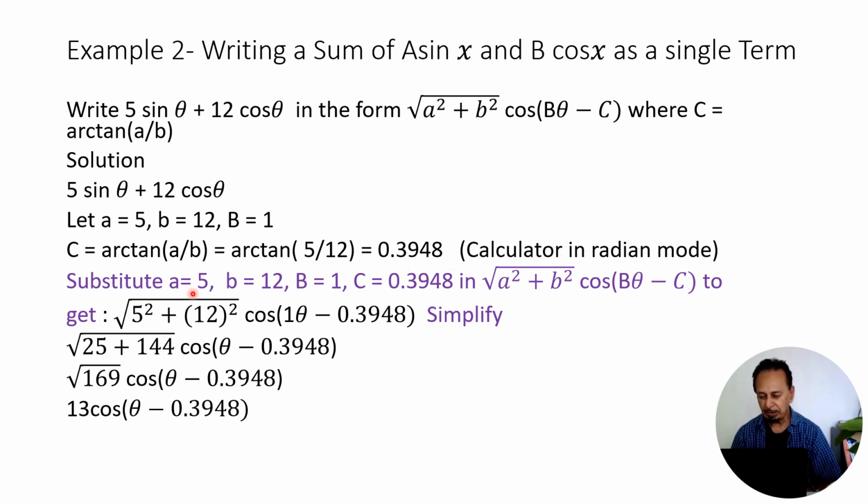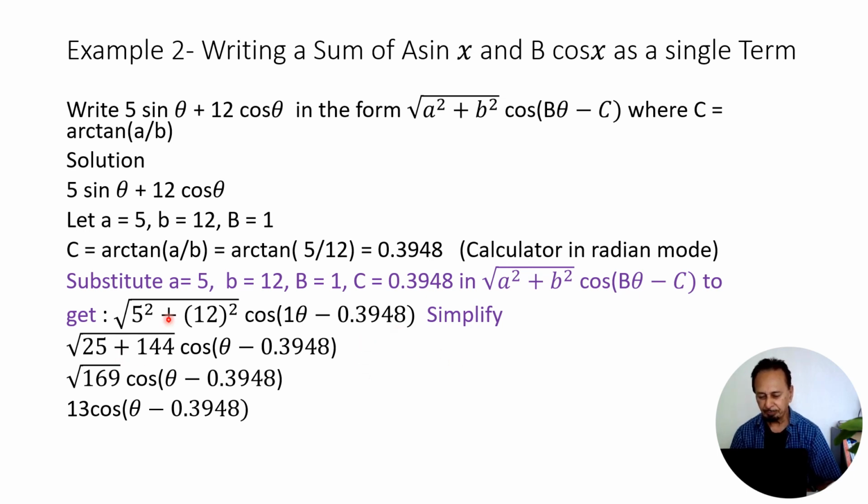Now you substitute a is 5, b is 12, uppercase B is 1, and angle c is 0.3948 in this formula: square root of a square plus b square cosine b theta minus c. And this becomes square root of 5 square plus 12 square cosine of 1 theta minus angle c, 0.3948.